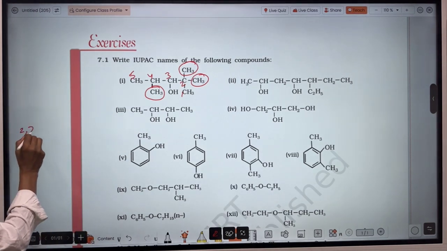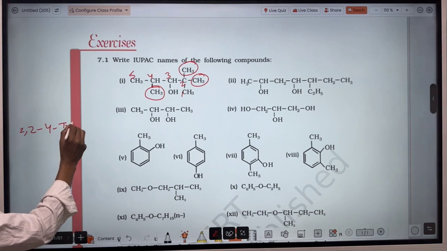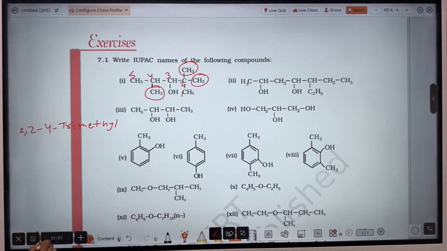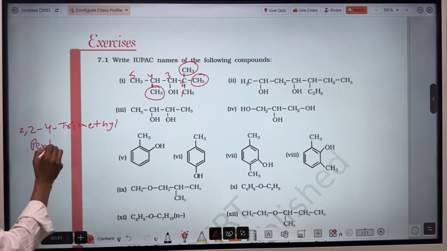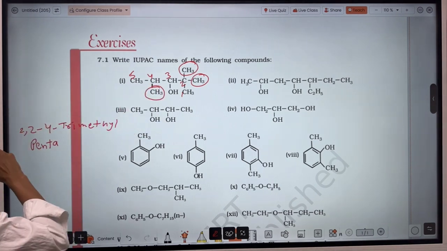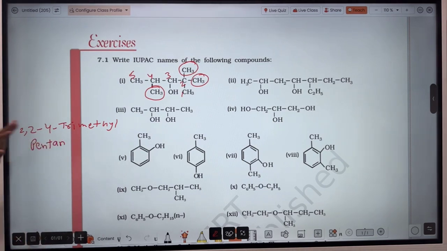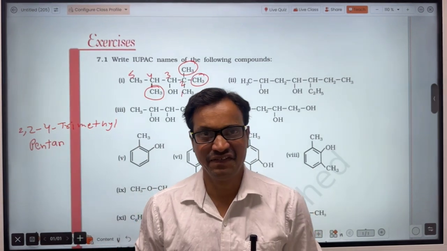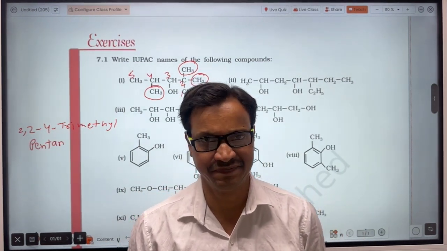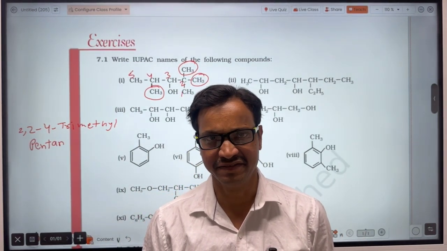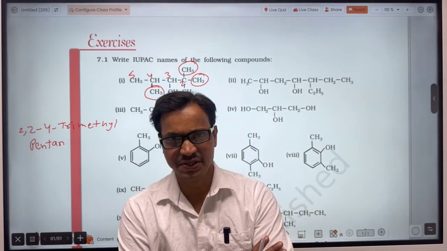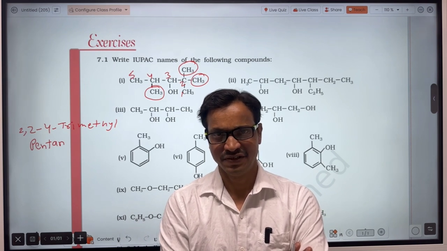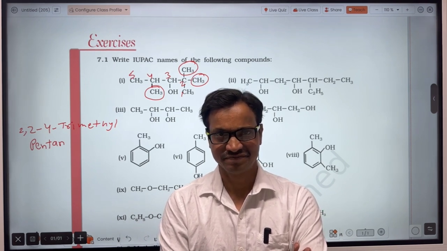2,2,4 trimethylpentane, because it is a 5 carbon chain. So pentane, the E will be replaced by ol. Keep in mind, if there is more than one OH, then the E will be retained, because the suffix we use for the alcohol group is ol, which starts with a vowel.